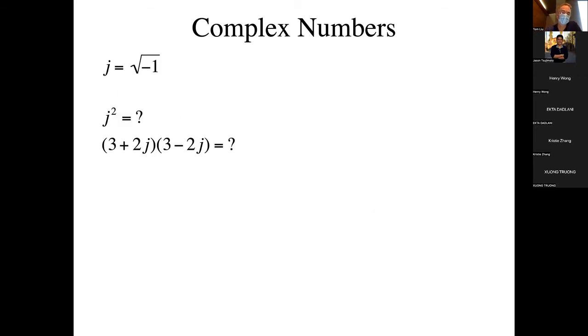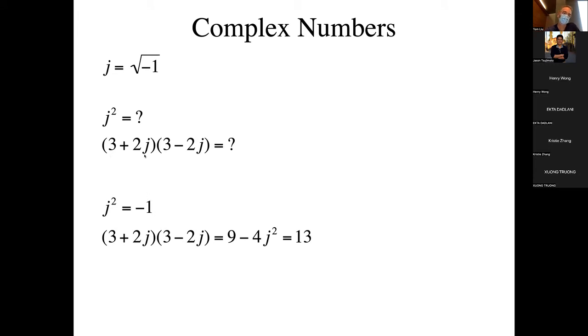Also, complex numbers have this constant. It's I if you came out of physics, J usually if you're in electrical engineering. And it's defined essentially as the square root of -1, such that when you square J, you get -1.